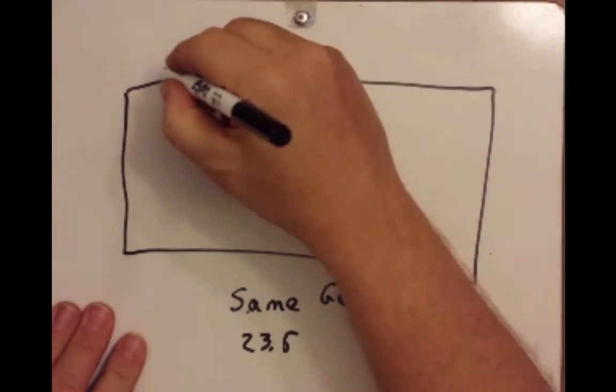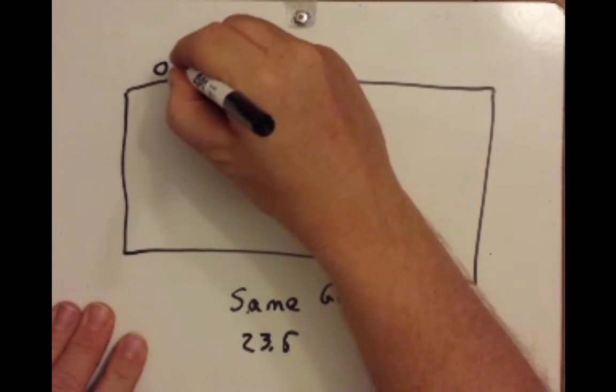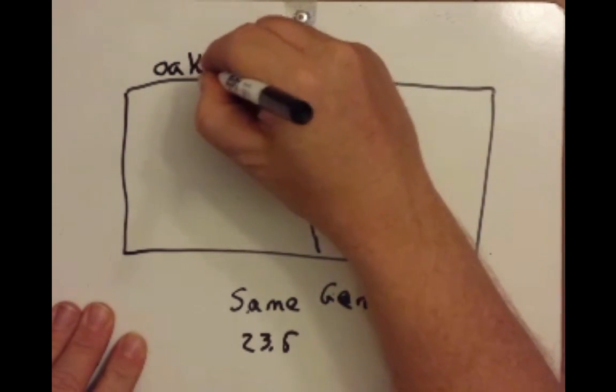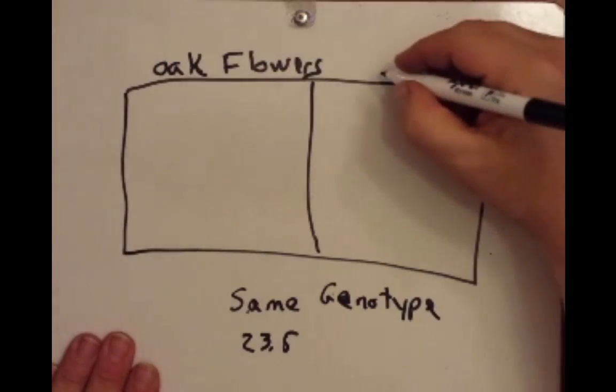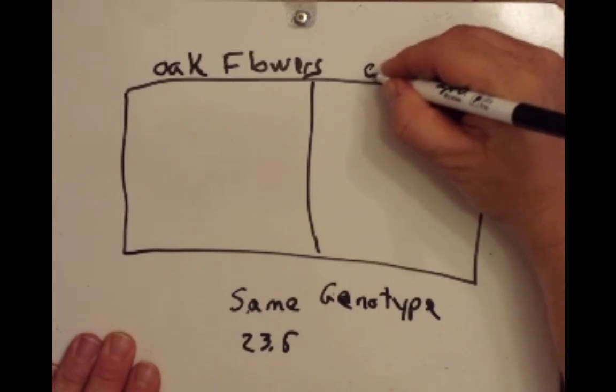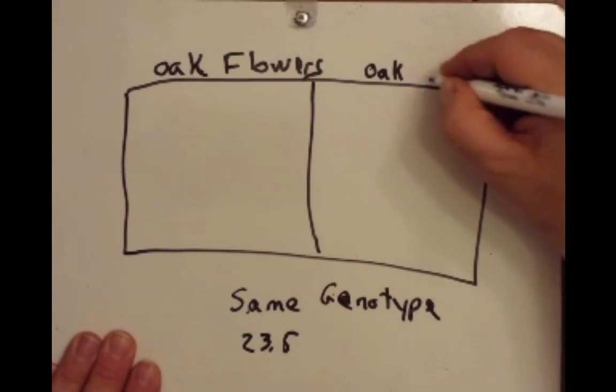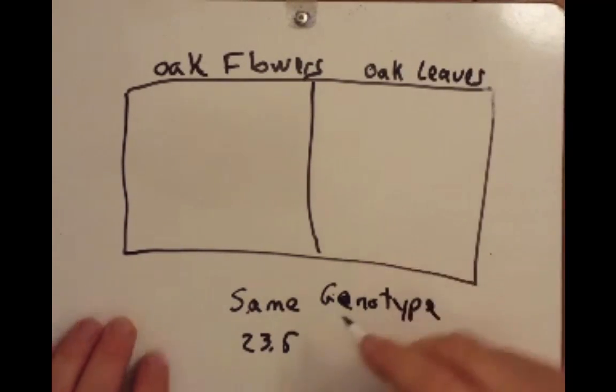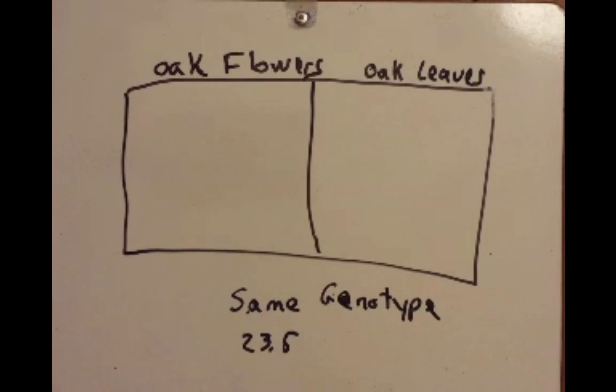Over here, the caterpillars eat oak flowers, and the other ones eat oak leaves. The different chemicals you find in flowers versus leaves account for a difference in phenotype between these 2 caterpillars.